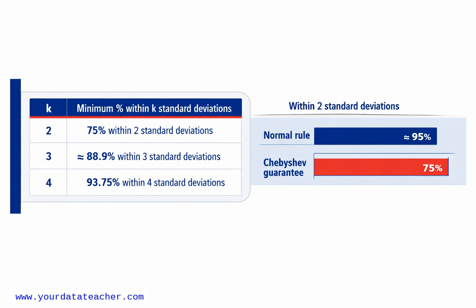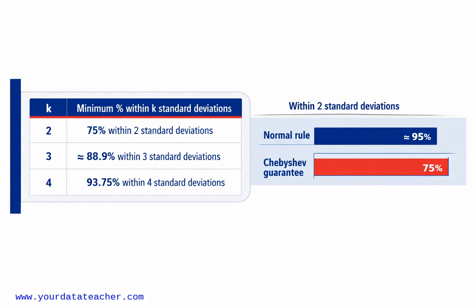For k equals 4, at least 93.75% within 4 standard deviations. These are worst-case minimum guarantees. Real data often puts much more mass near the center than this, but it can never put less as long as the variance is finite.